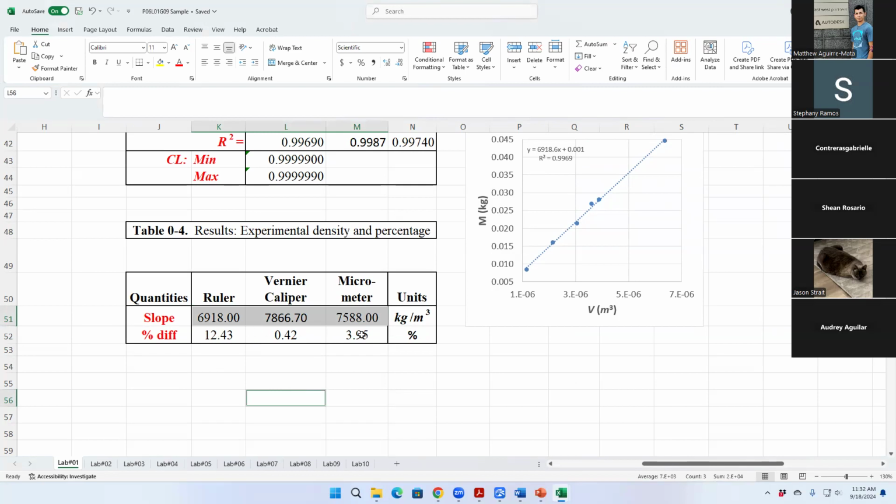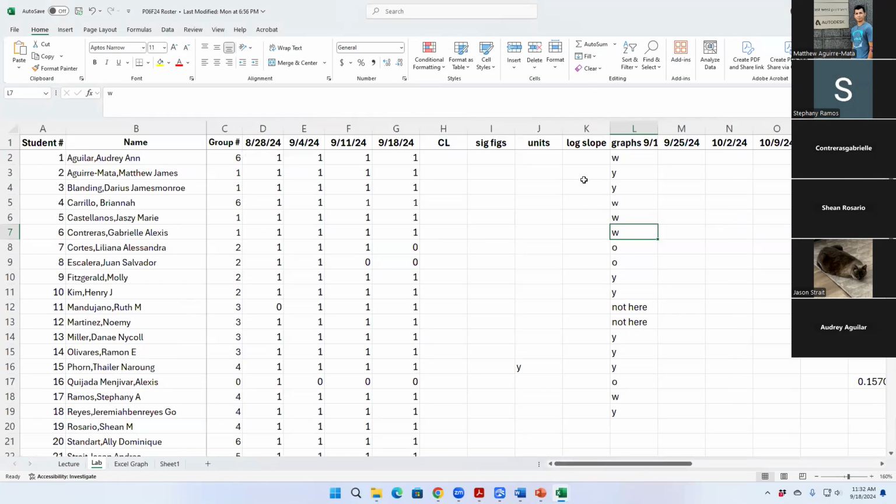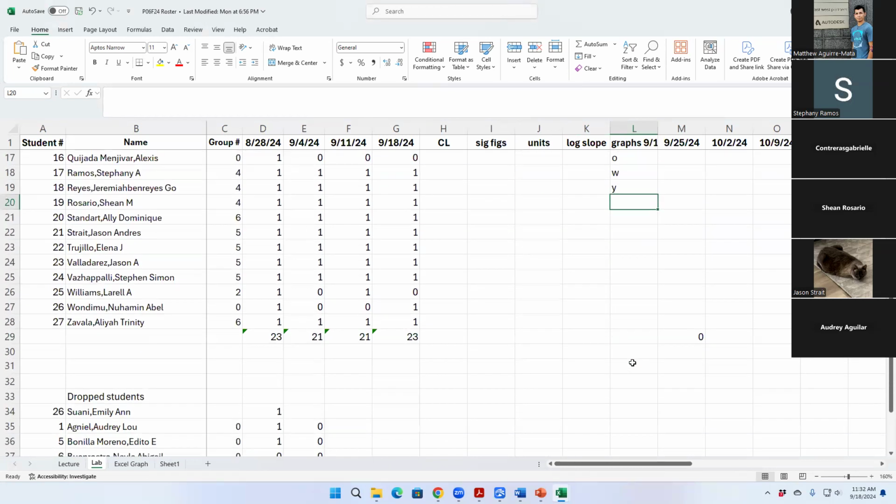The percentage difference here is being calculated automatically for you. Okay? And this should be less than 15%. If it's not less than 15%, let me know. And we try to troubleshoot to see what's going on. Okay? Is that clear now? And don't forget also the units, right? Not just log the slope, but type there the units there.